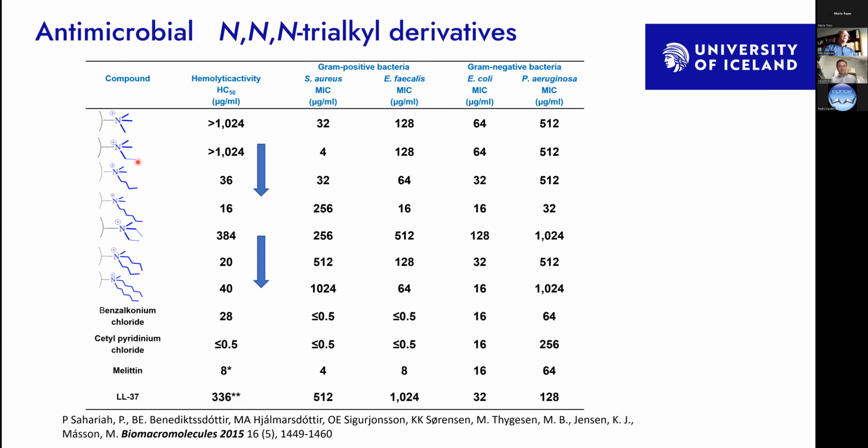With the short alkyl chains, you have almost no toxicity, but this is quite significant with the longer alkyl chain. However, with S. aureus, you see that the activity is actually highest with relatively short alkyl chains. However, with E. faecalis, which is another gram-positive bacteria, you have the opposite effect, the opposite relationship, longer alkyl chain more active.